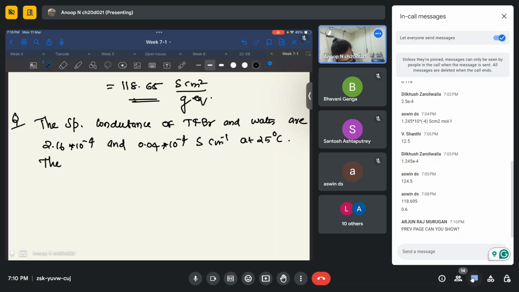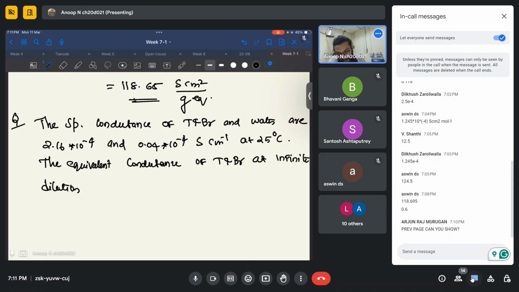The equivalent conductance of TlBr at infinite dilution is 138.2 Siemens centimeter square per gram equivalent.